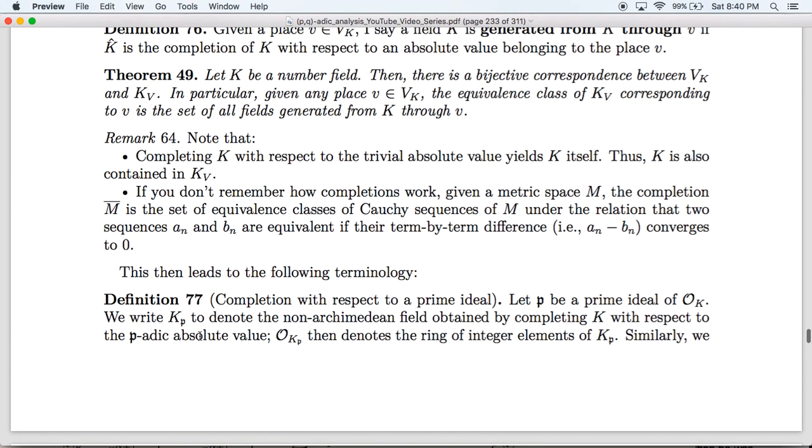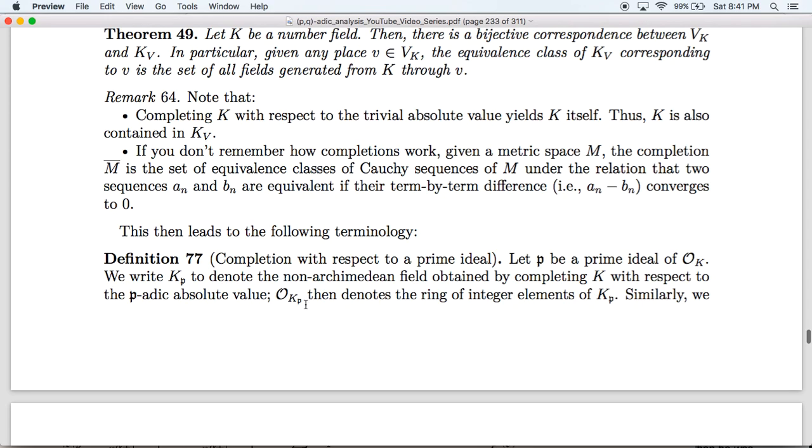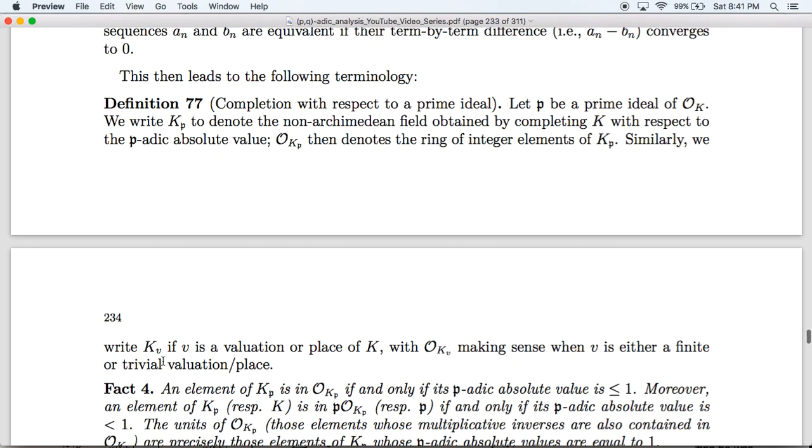And since this is the notation that I mentioned before, given a prime ideal P of a number ring, we write Kp to denote the non-Archimedean field obtained by completing K with respect to the p-adic absolute value. OKP is then the ring of integers of Kp. Similarly, we write Kv if V is a valuation or place of K, with OKV making sense when V is either a finite or trivial valuation or place.